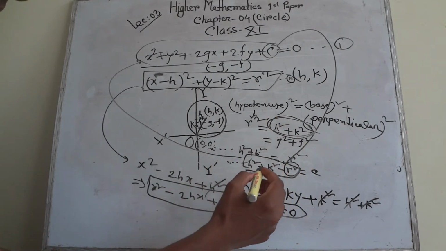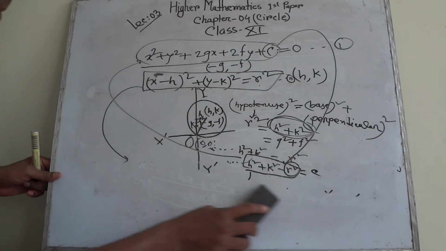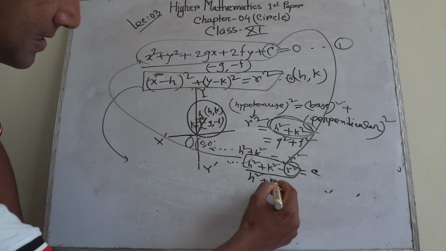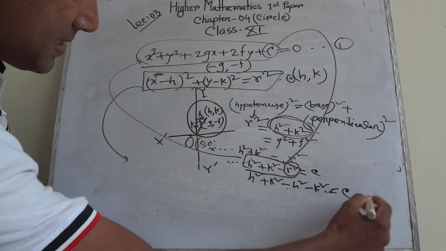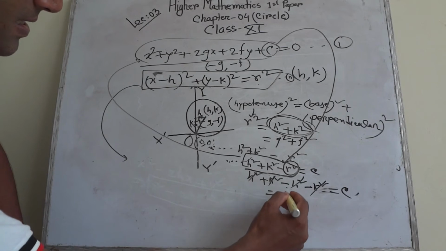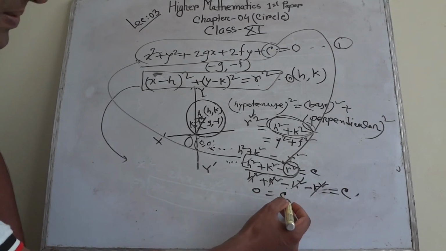The right side will be c. So this cuts, that means 0. This equals c. That means c is equal to 0.